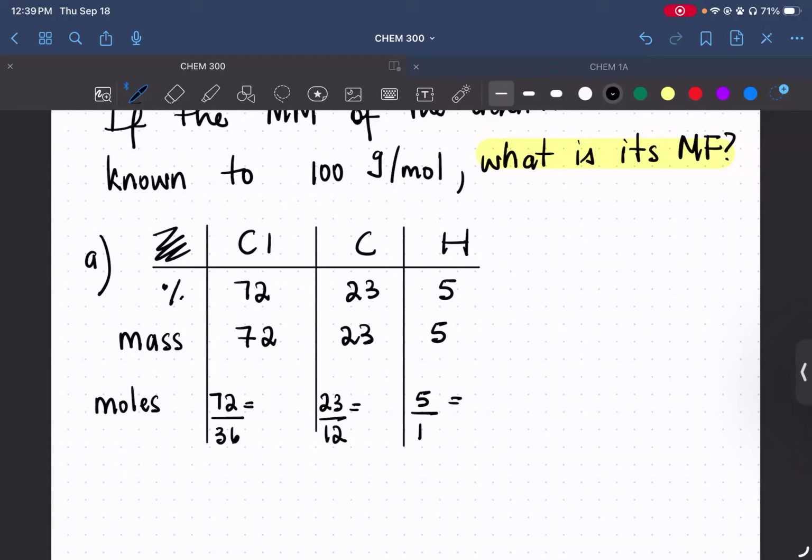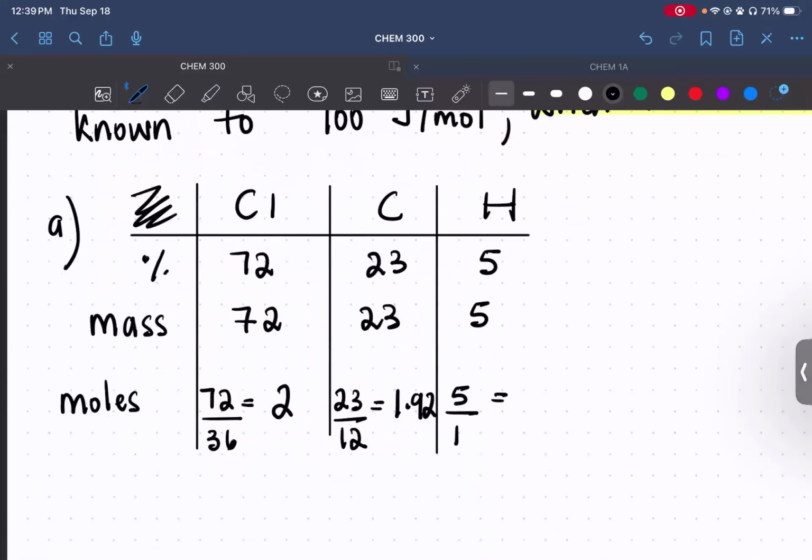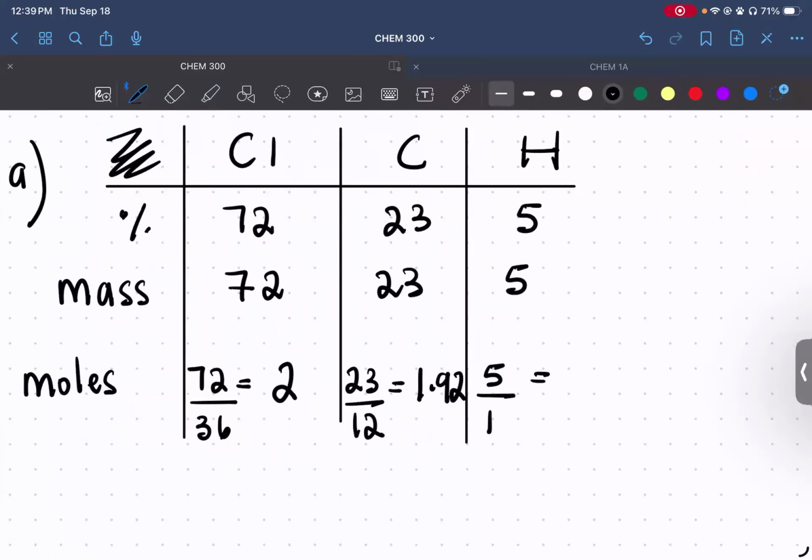We're then going to calculate these. 72 divided by 36 is a flat 2. 23 divided by 12 is 1.92. Sorry that it's getting kind of scrunched up, I'll zoom in a little bit more. 5 divided by 1 is 5.